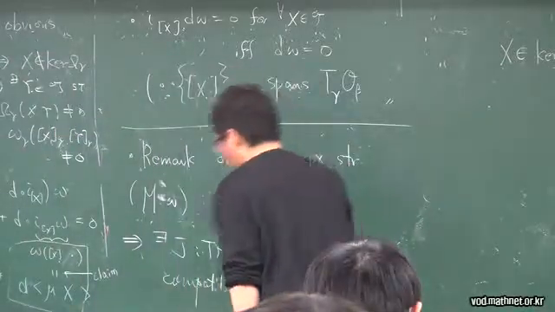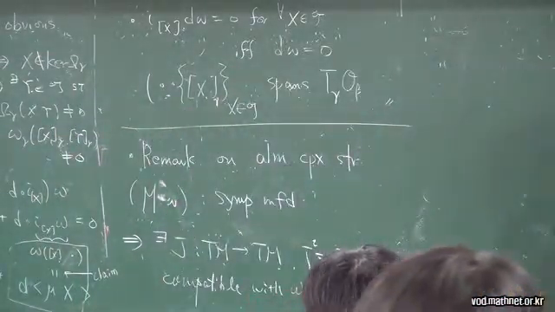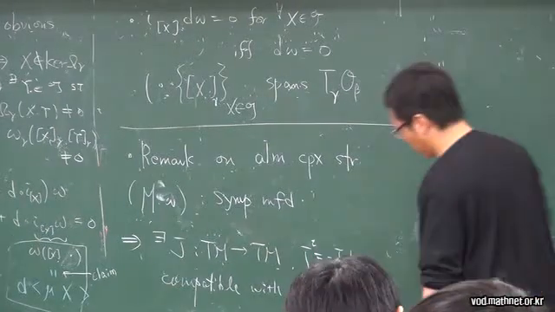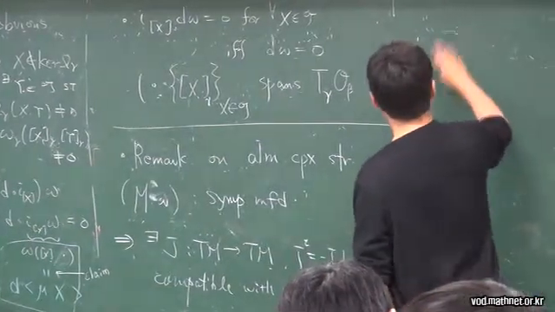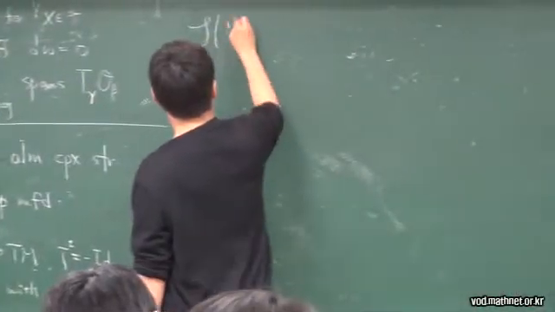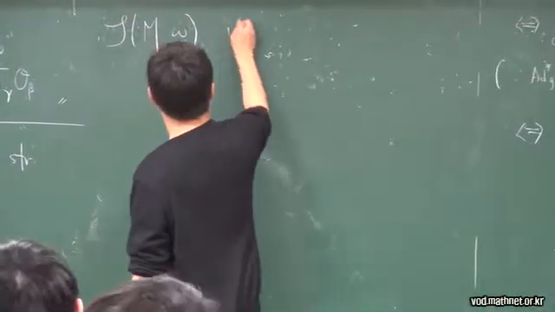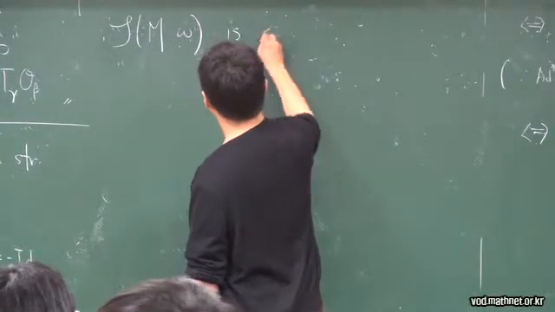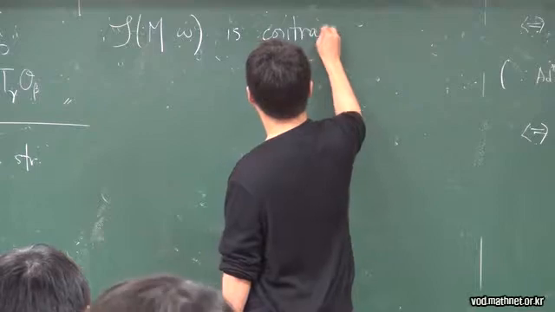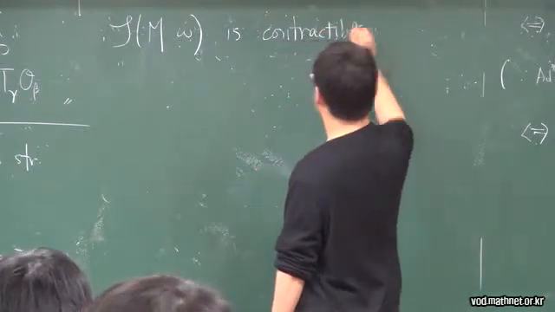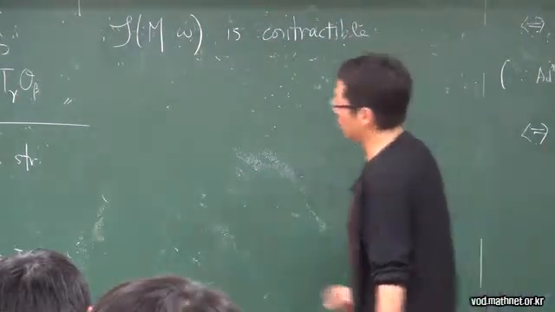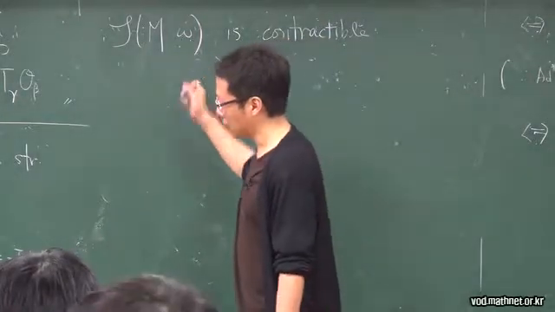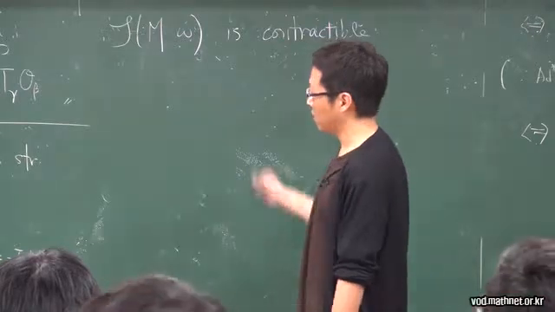And also, as in the linear case, the space of compatible almost complex structures is contractible. The proof is exactly the same as the linear case.